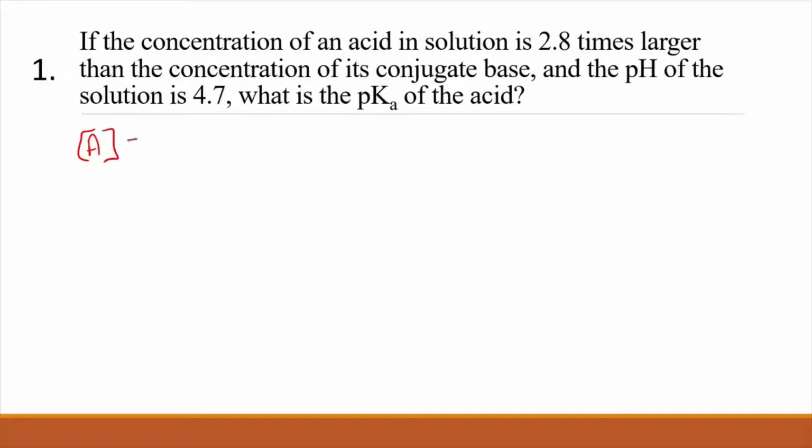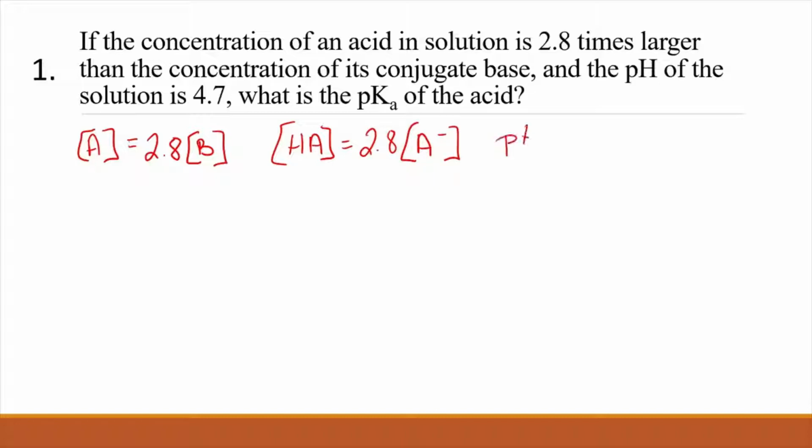We can say the concentration of acid is equal to 2.8 the concentration of base. Or we can also say HA, meaning acid, equals 2.8 times A minus for the base. And we know our pH is equal to 4.7.